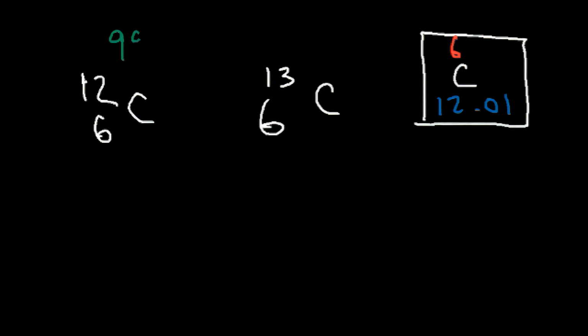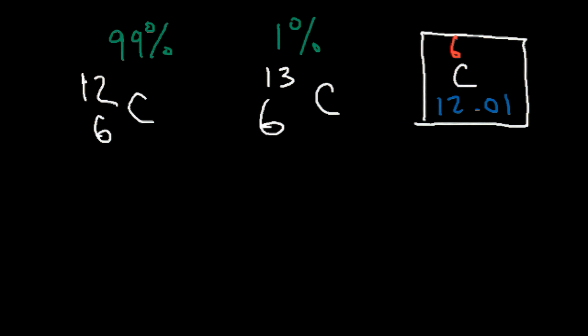Approximately 99% of carbon atoms are the carbon-12 isotope, and about 1% is carbon-13. So let's say you have a sample of 100 carbon atoms, 99 of those carbon atoms will be carbon-12, and 1 would be carbon-13. If you have 1,000 carbon atoms, 990 would be carbon-12, 10 would be carbon-13, since 1% of 1,000 is 10.